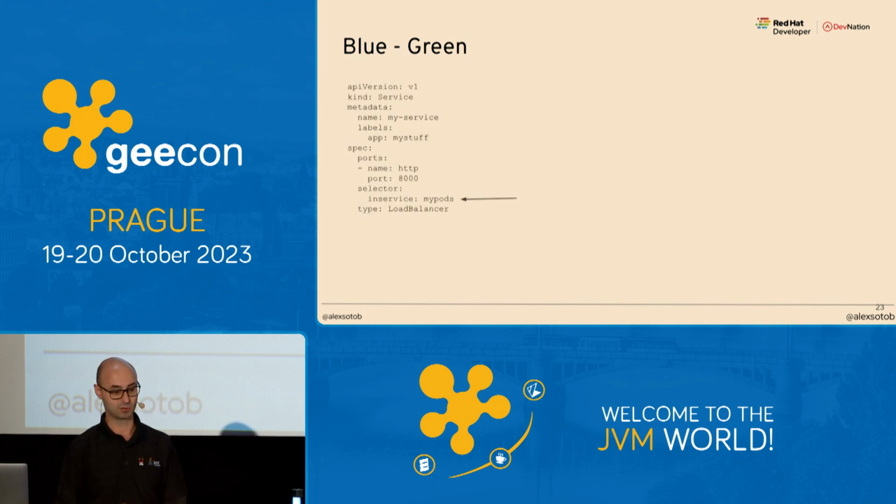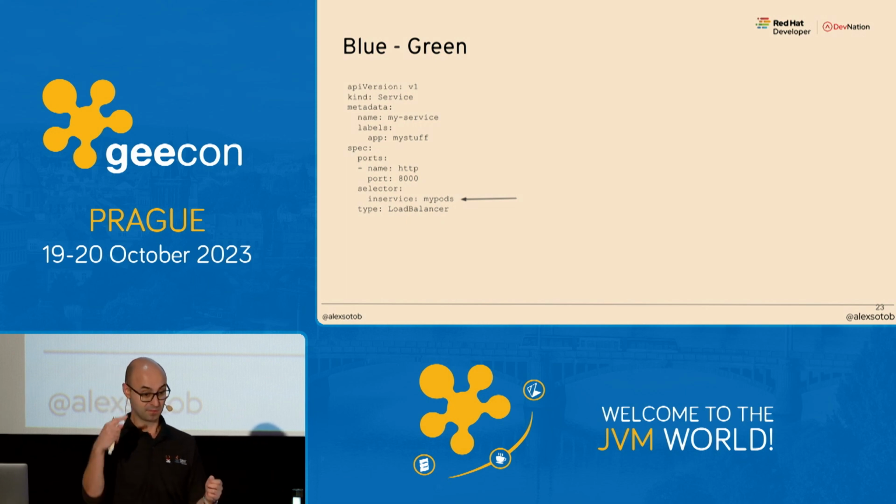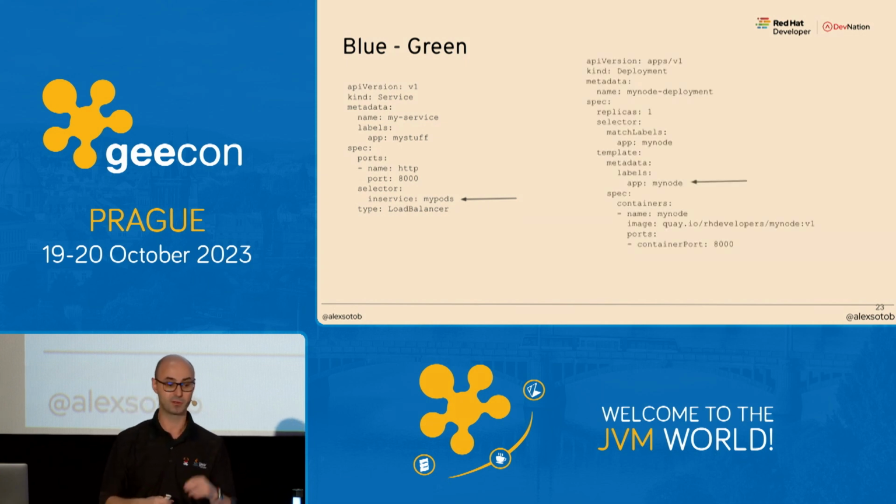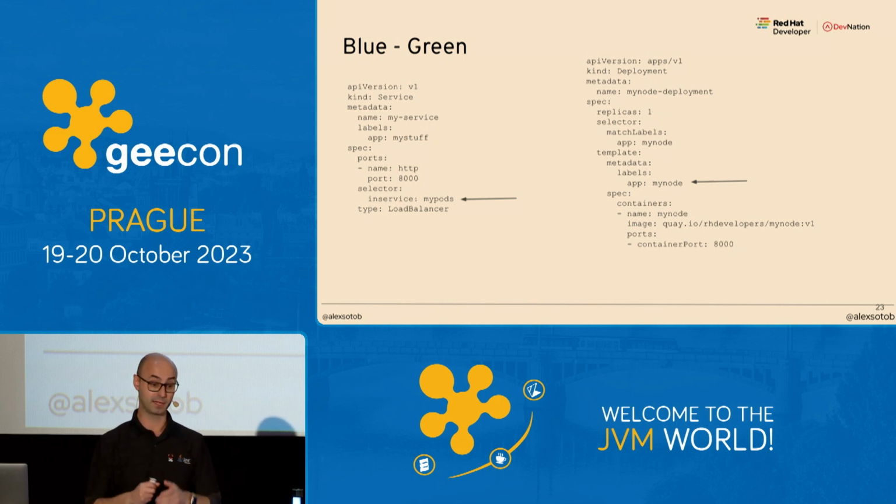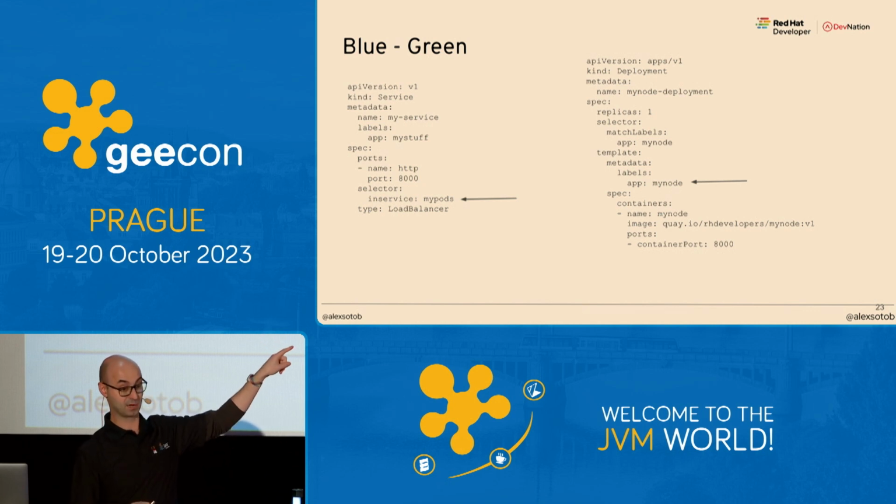We just need to create, as you can see here, the Kubernetes service. There is the selector in service my pods. Basically, in the selector, you put a label, and you can see that in the deployment, I say, hey, look, in this case, the label is app my node. In the selector, I put in service my pods.